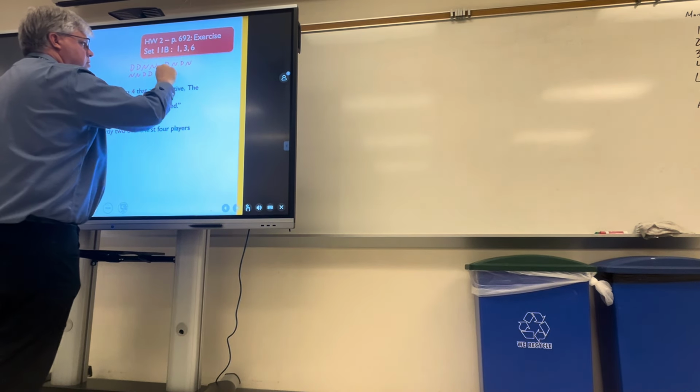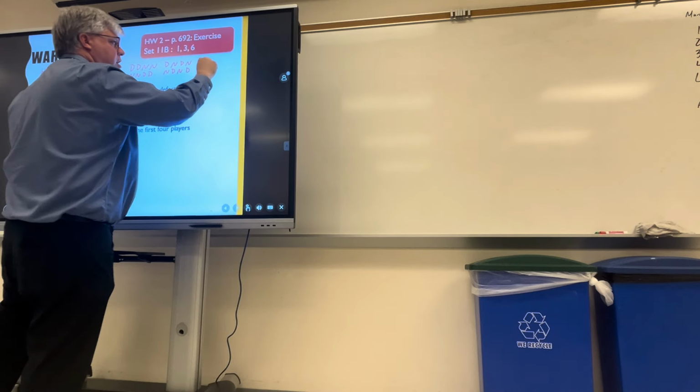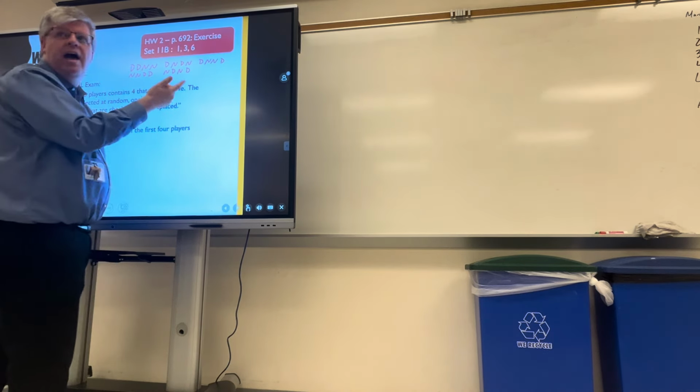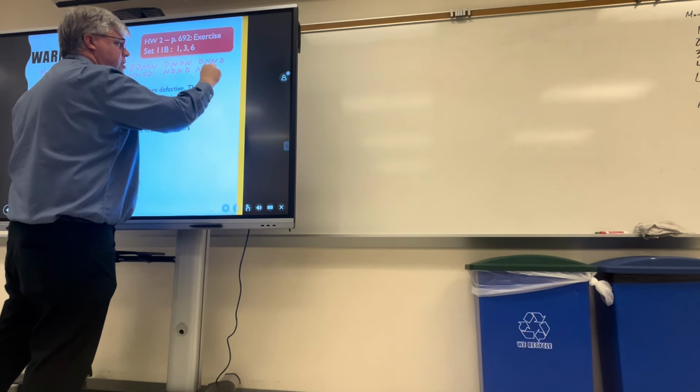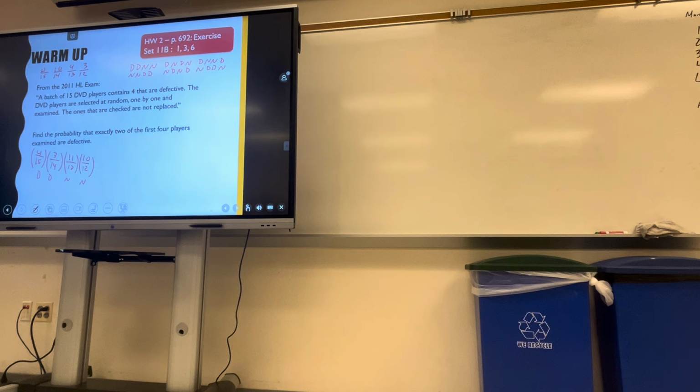Are there any others? DNND, and the reverse of that, and DDN. Are there any others? That's it, actually. Okay, that's all there are. So the number that should go in front of here then is 6.